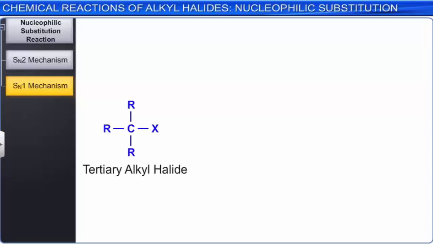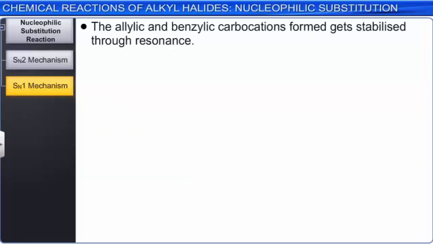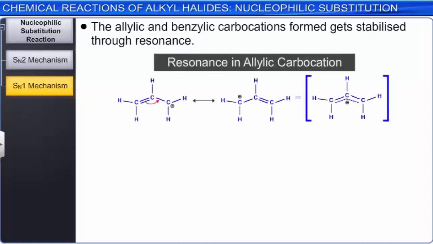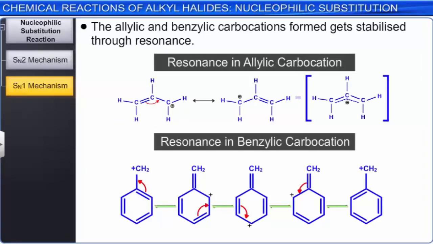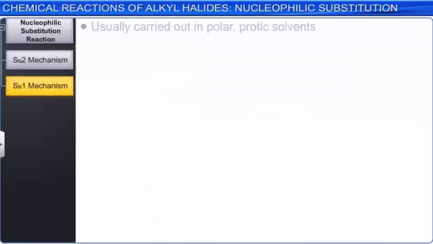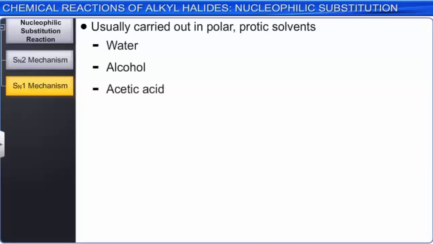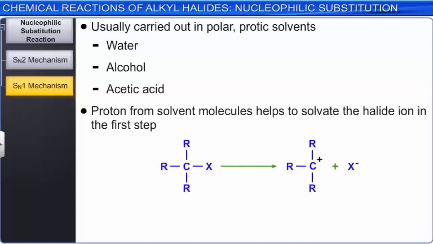This is because the allylic and benzylic carbocations formed get stabilized through resonance, as shown here. SN1 reactions are usually carried out in polar protic solvents such as water, alcohols, and acetic acid. The proton from the solvent molecules solvate the halide ion as it leaves in the first step of the mechanism.